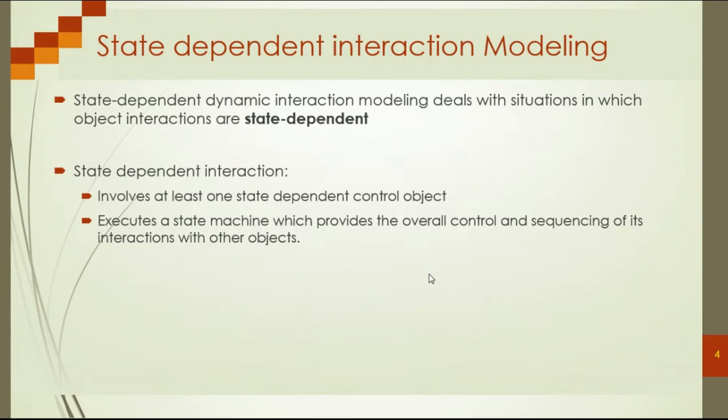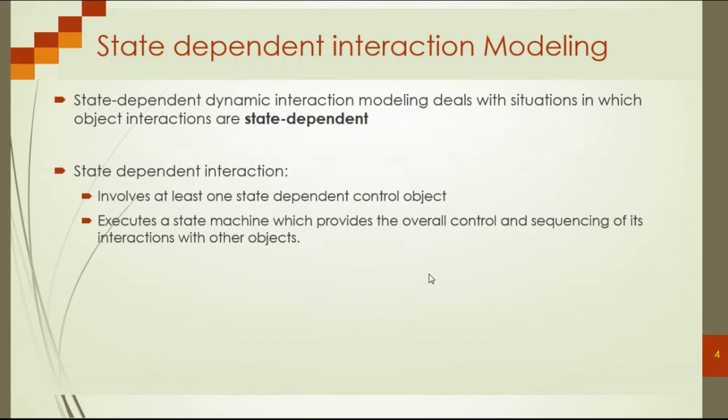So what is the difference between the stateless dependent and state dependent interaction model? Actually, as I mentioned, one of the steps of modeling the system using the stateless dependent interaction model is to determine the objects of the system.